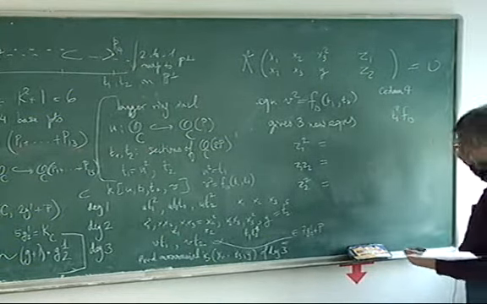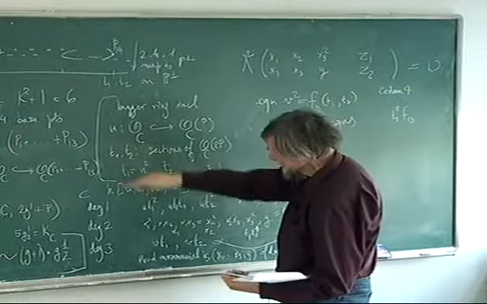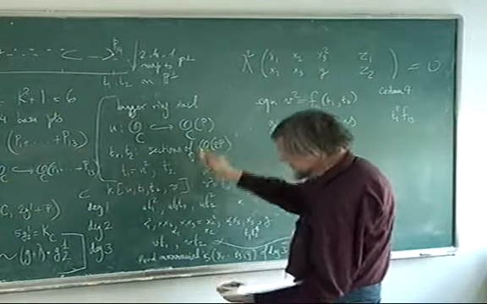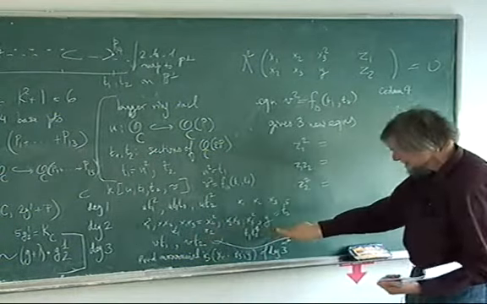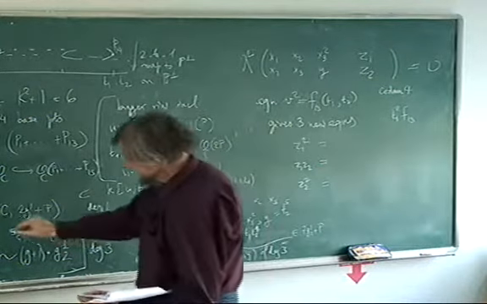Right? However, this is in terms of all of these ring elements, and they're not in the ring that I'm allowed to use. They're not in the ring I'm trying to describe.